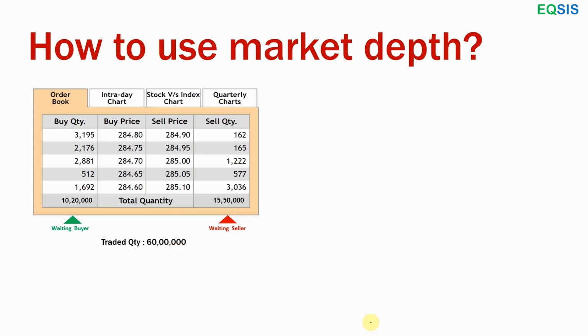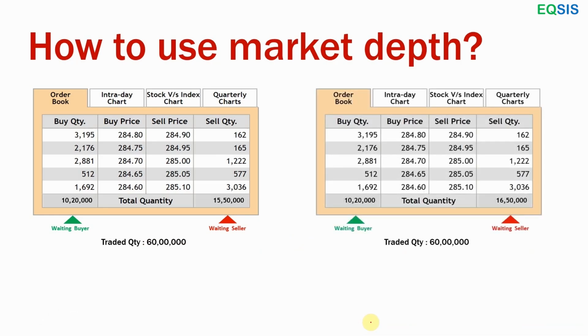Let me give you another example. Look at this. In this example, I hope you can understand that 10,20,000 buyers are still there. The sellers were 15,50,000, and now it has increased to 16 lakh. It means a lot more sellers are coming into the picture. But these sellers are not ready to sell right away at any given price.